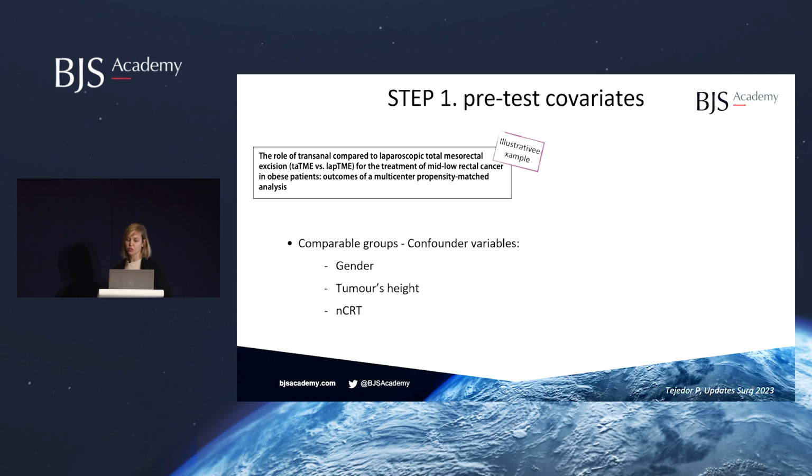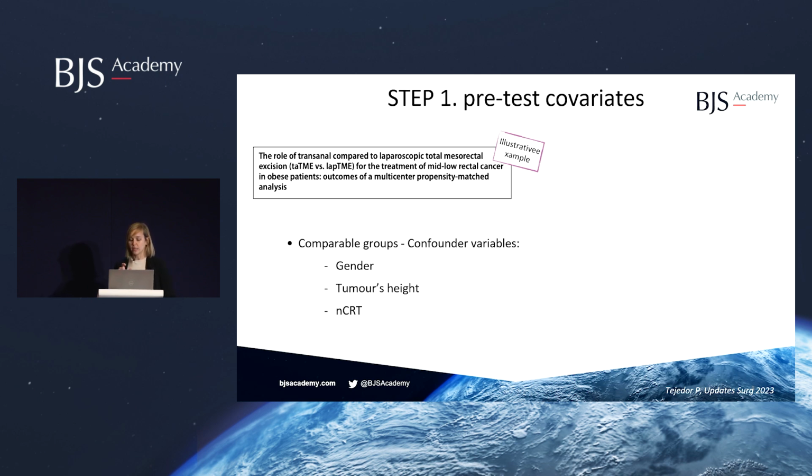So, consider a study comparing the rate of sphincter-saving surgery between two techniques, laparoscopic and TaTME, in a very specific group of patients with obesity diagnosed with mid-low rectal cancer. The differences among patients with rectal cancer will significantly influence the outcomes.